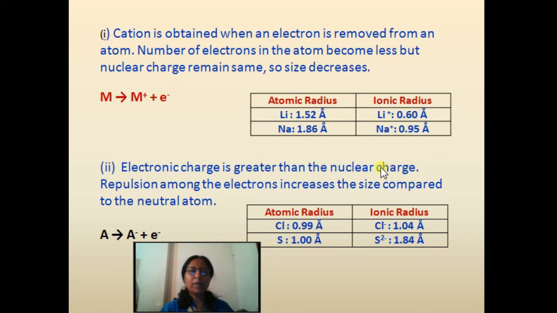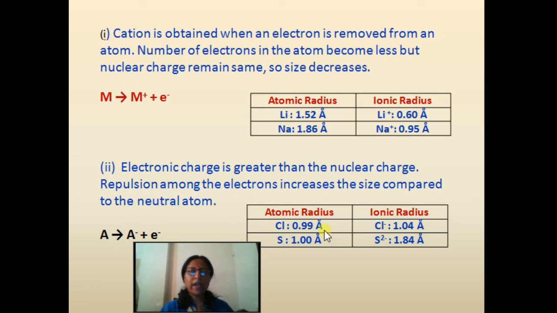In case of formation of anions, I have taken the example of Cl and Cl minus. So here you see the atomic radius of chlorine is 0.99 angstrom, whereas that of chloride is 1.04 angstrom. So this is more than what we had in case of the neutral chlorine.